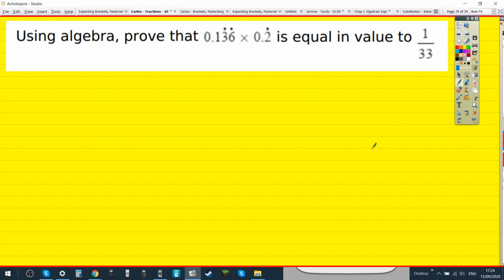You think I'd have proved that 1.36 times y is equal to... So for this one, you need to times those two.